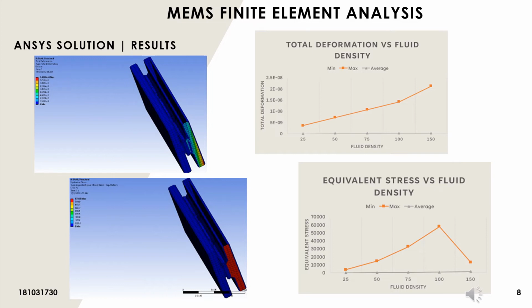And for the graph, we have 2 graphs. The first one is total deformation versus fluid density. It shows that when the fluid density increases, the total deformation increases. But for the equivalent stress, when the fluid density is increased, the maximum value of the equivalent stress becomes lower.